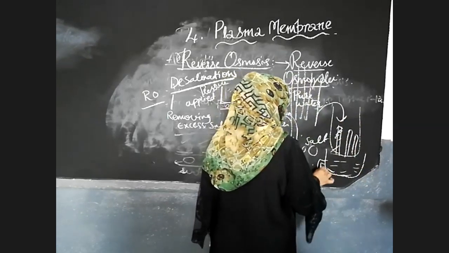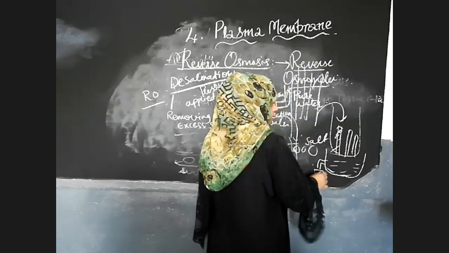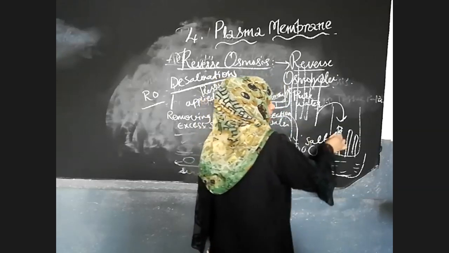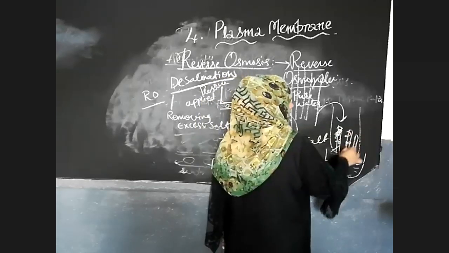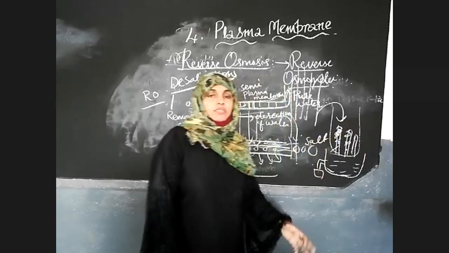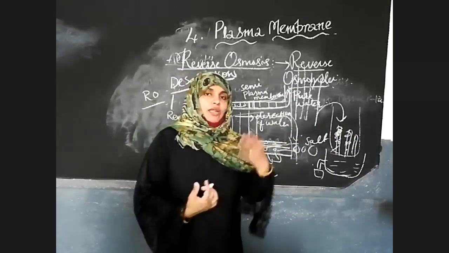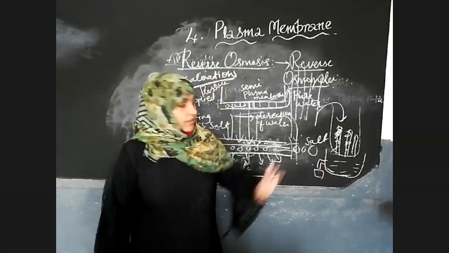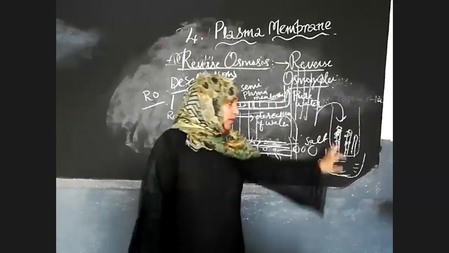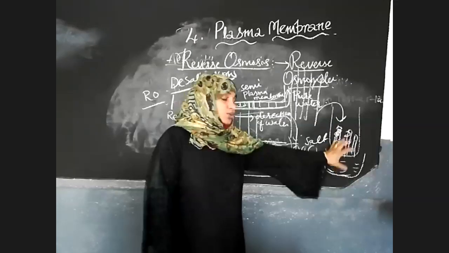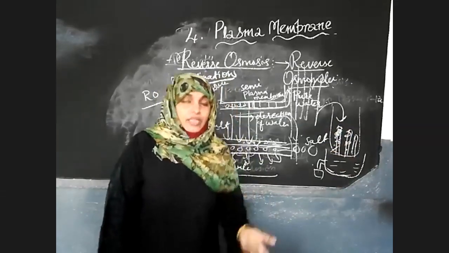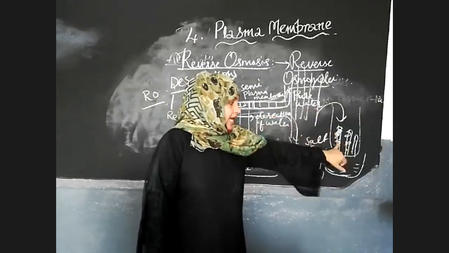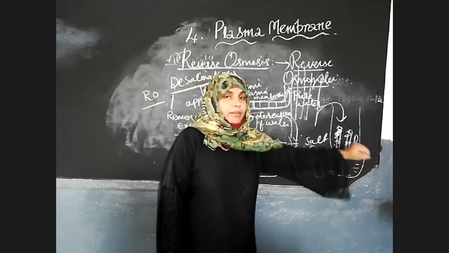This system has a tap here, and from this we collect the pure, fresh water. The salt is absorbed by the candle composition. If it absorbs and absorbs, after some days it becomes useless, meaning it will not function, and then we have to replace it again. These were called filters, filtering the excess amount of salt. It acts like a semi-permeable membrane.